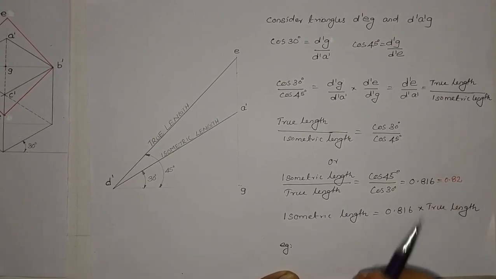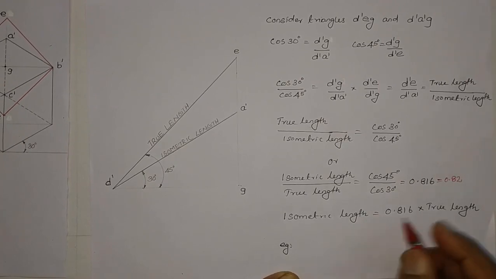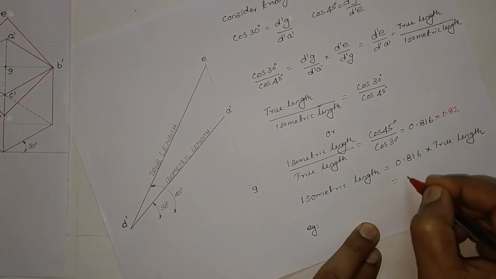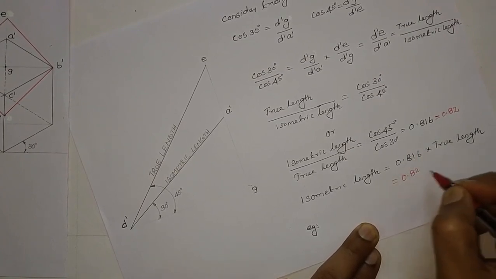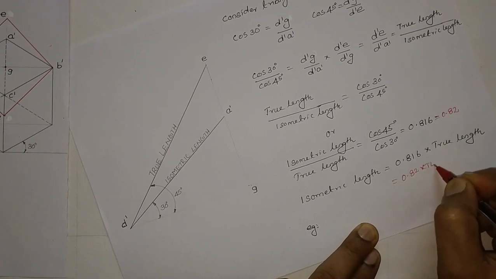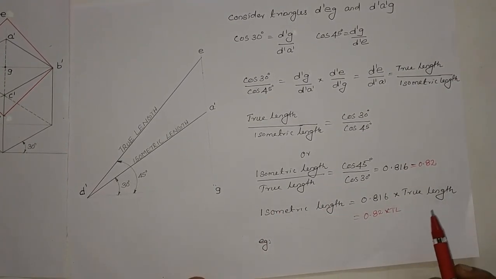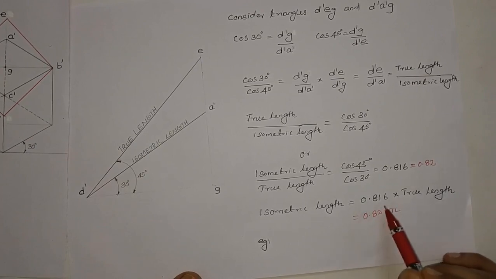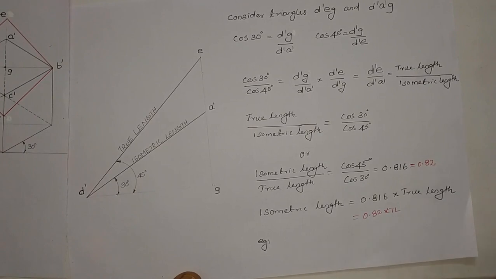So from this equation, isometric length is 0.816 into true length, or else we can write isometric length is equal to 0.82 into true length. We are just approximating this value. So this is the value of isometric length: 0.816 into true length, or else 0.82 into true length.